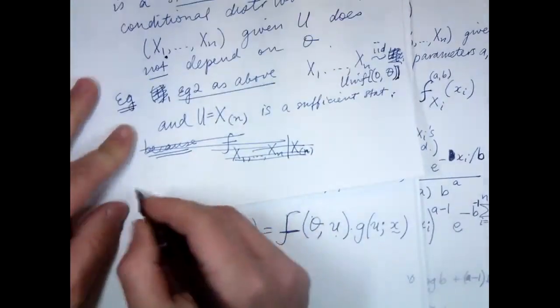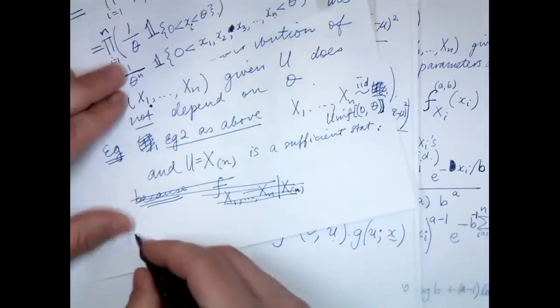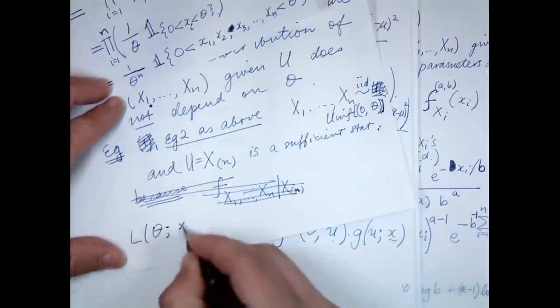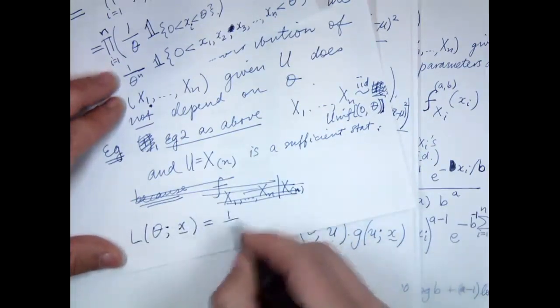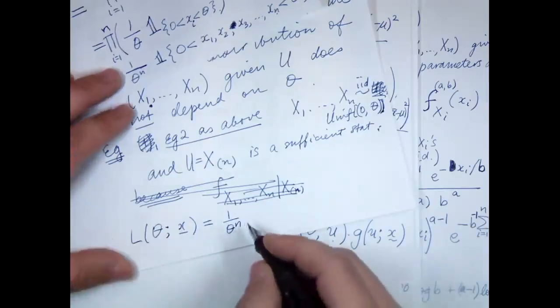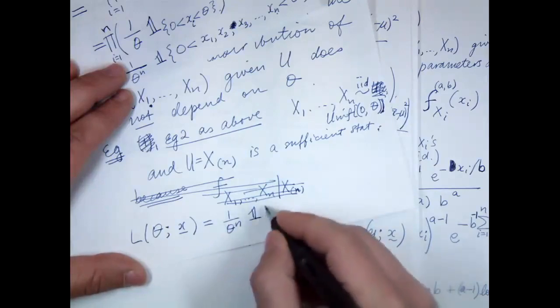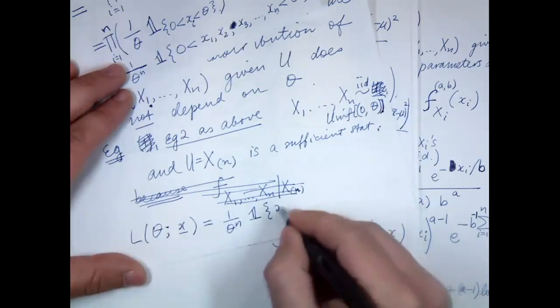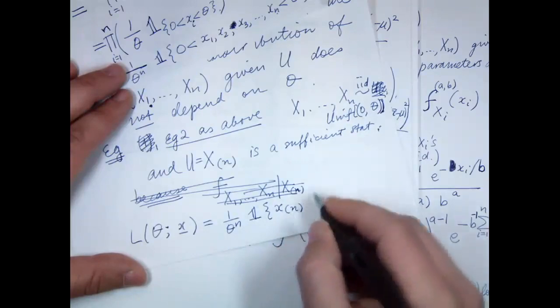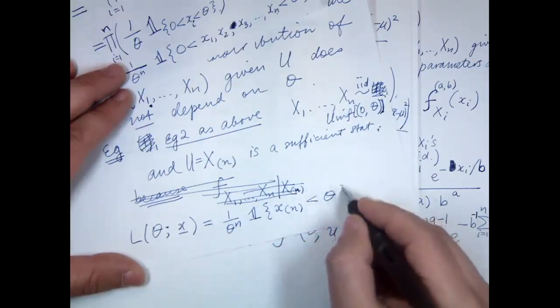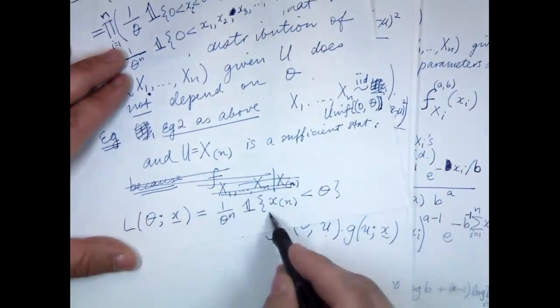And then you can do example 2 as before. Let's just try it with that likelihood. Getting back to the likelihood that we saw, U equals xn is a sufficient statistic. L of theta given x is equal to 1 over theta to the n, so that depends on theta, and then the indicator that xn is less than theta. So xn is u.